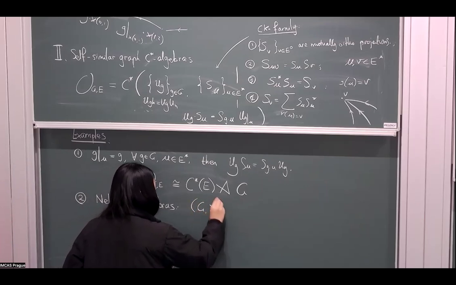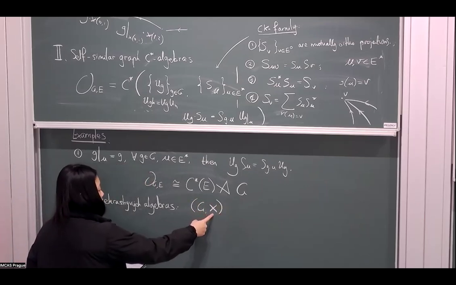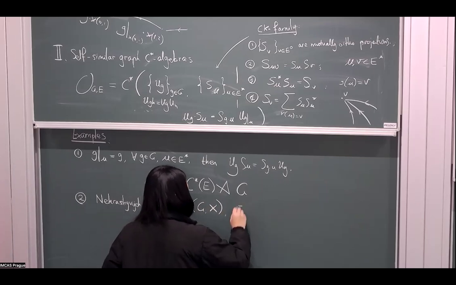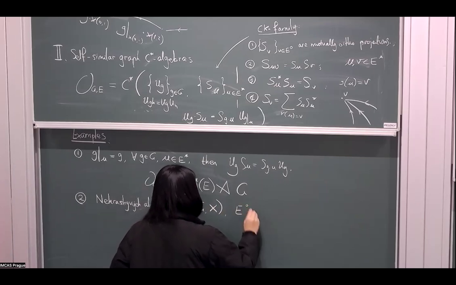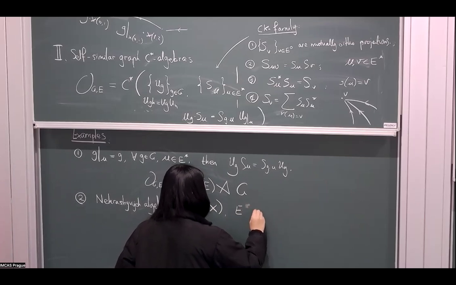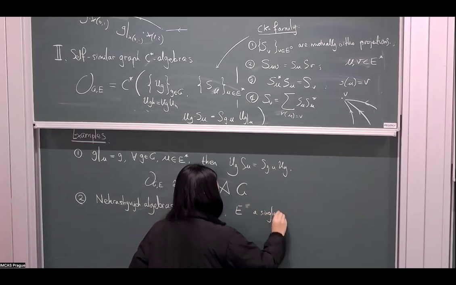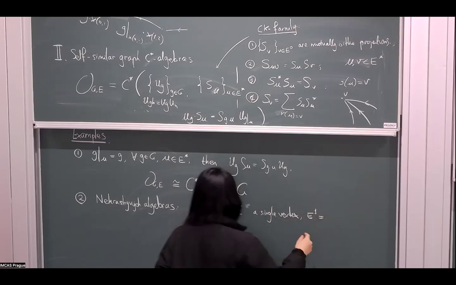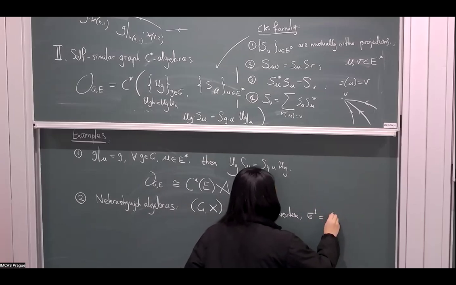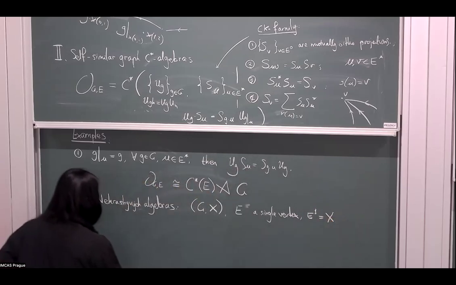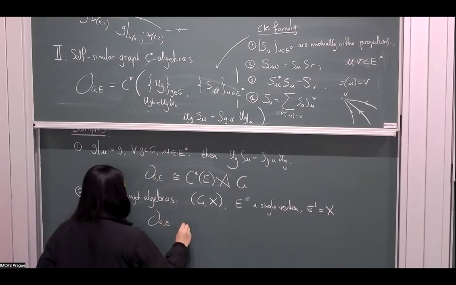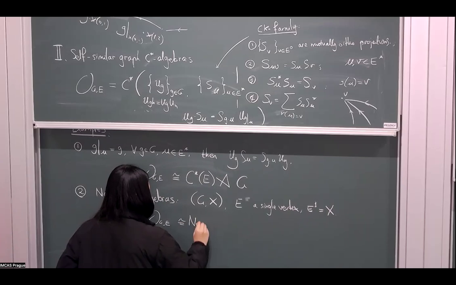He has the initial data being the group and some finite alphabet that you construct these finite words from. So what you can do is take the graph which has only a single vertex and edges being the loops around this vertex, so being the set X. And then the self-similar graph C-star algebra constructed above will be the same as these Nekrashevych algebras.